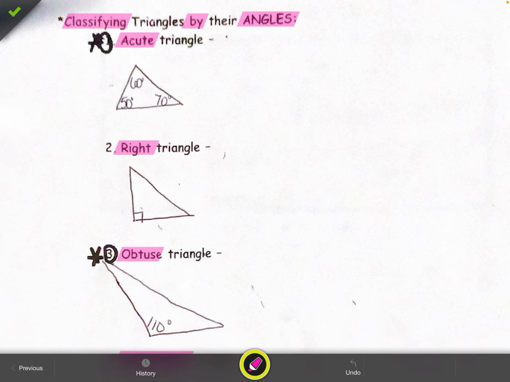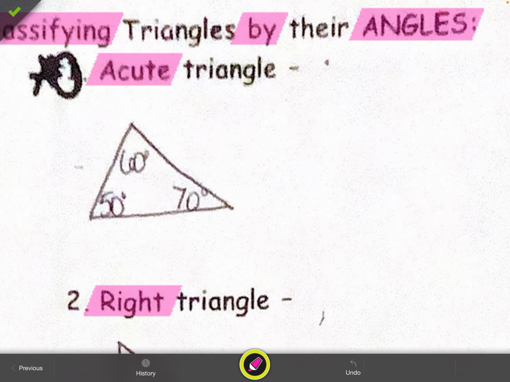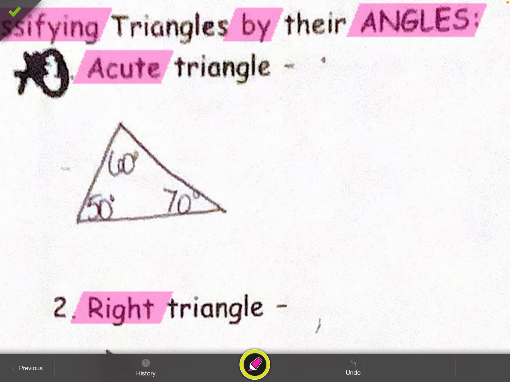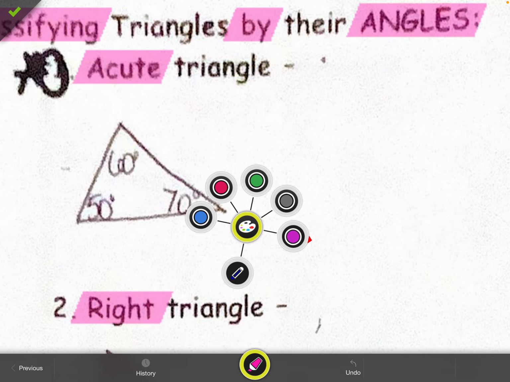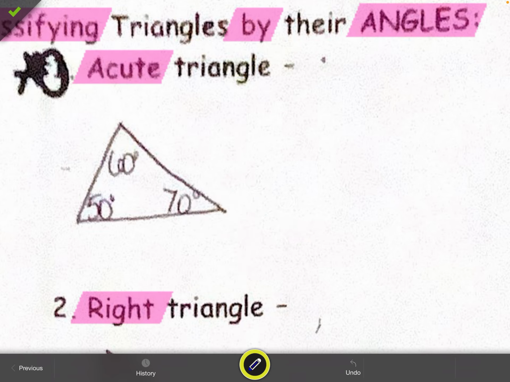So again, if we look at the pictures, if it is an acute triangle, then the 3 angles on the inside of our triangle, because there's 3 different angles, this one, and this one. There's 3 different angles right there. If you look at each of those, they all measure less than 90.